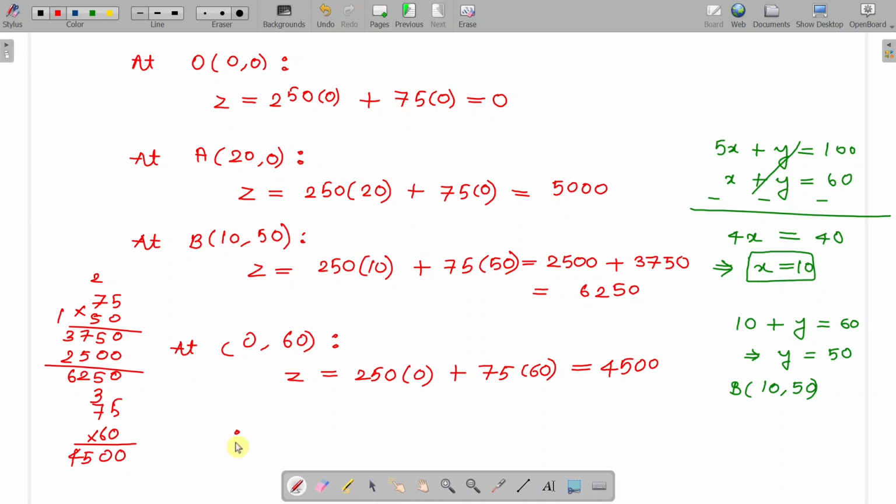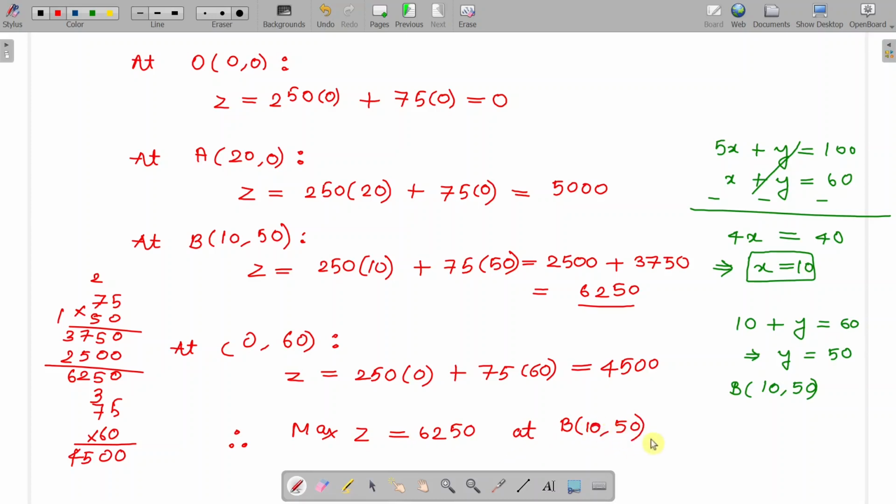So what we get is, therefore, which is the maximum value between 0, 5000, 6250 and 4500? It is this, right? 6250. So therefore maximum Z is equal to 6250 at the point B, which is 10 comma 50.